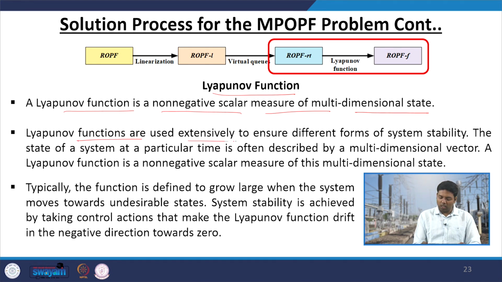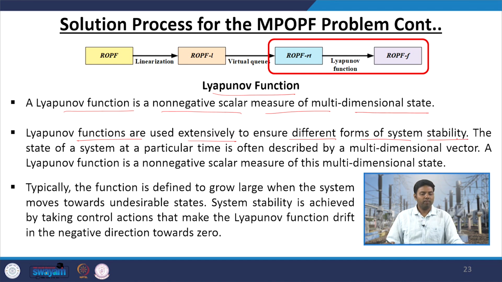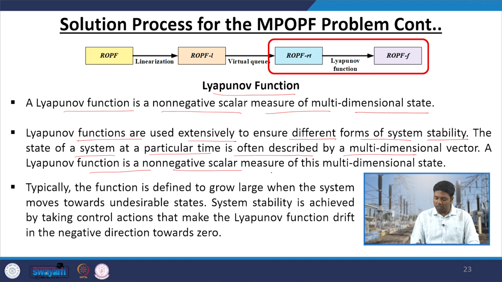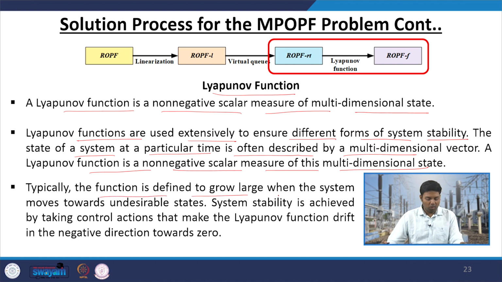Lyapunov functions are used extensively to ensure different forms of system stability. The state of a system at a particular time is often described by a multidimensional vector. A Lyapunov function is a non-negative scalar measure of this multidimensional state. Typically, the function is defined to grow large when the system moves towards an undesirable state. That means, when your Q length is increasing, at that time your Lyapunov function value will also increase.